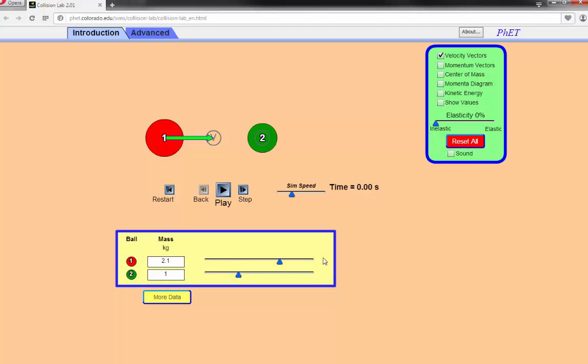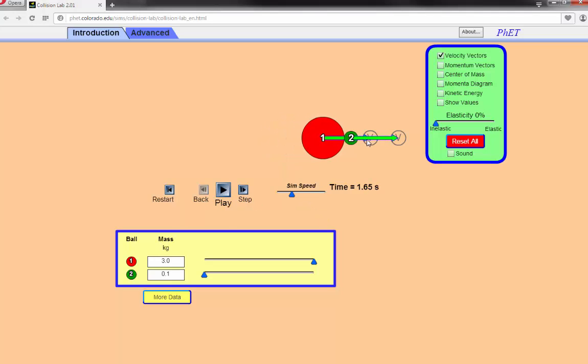So let's do that again. This time we'll make the big one very large just for fun. And let's see what happens. We can make the little ones small and go. So they stick together, and if you measure this velocity length and you measure this velocity length, for example, you can use a ruler on your computer screen, you'll notice that these two have the same length, therefore they're moving at the same speed.